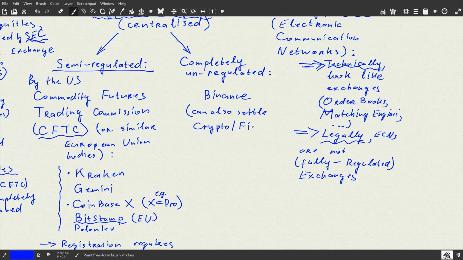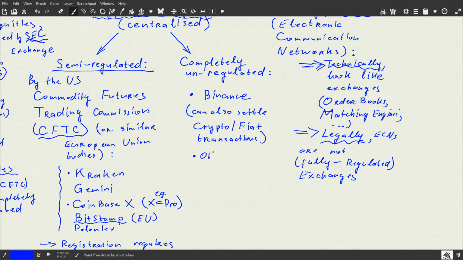I don't know which bank they are using, but they can. And in order to do that, at least for any non-trivial quantities, KYC is also required, obviously. Binance. What are others?